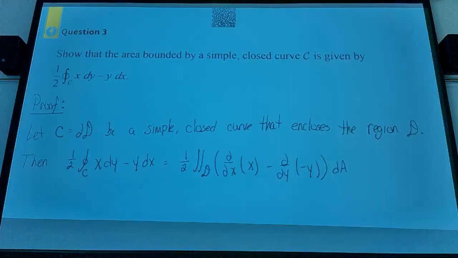What's partial x of x then? Which is pretty easy. What's partial y of negative y? Negative 1. One plus one is 2 times a half is 1. So that's just the double integral dA over the region.